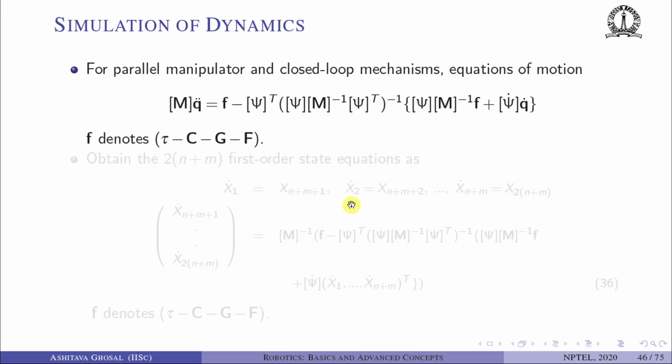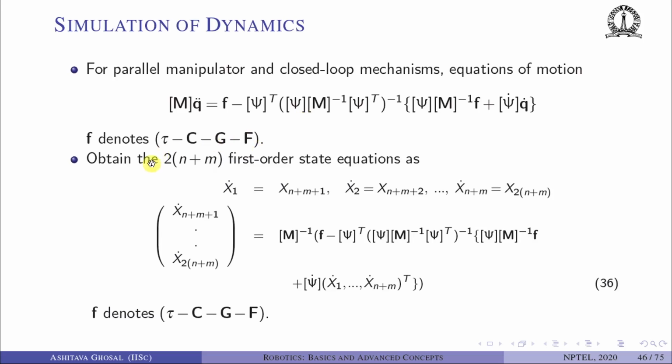So for parallel manipulators, we can rewrite the equation of motion again as M q double dot equals F minus some psi transpose, then psi M inverse psi transpose, and so on, where psi is the constraint matrix and F denotes tau minus c minus g minus f. So we are dropping the notation that it is a function of q's or x's.